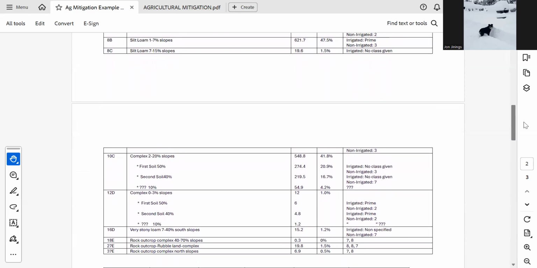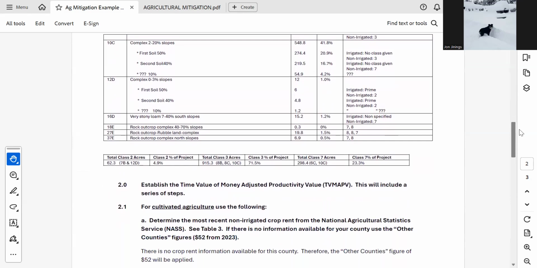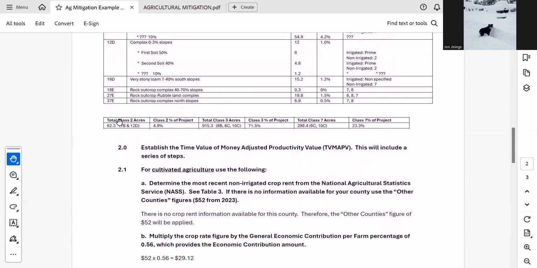We'll talk about the amounts and characters and agricultural capability, and then kind of added it all up down here. And you notice there are some class 2 soils which are otherwise off limits, but in this instance, they're less than 5% of the total project area. So they're okay. It's a de minimis amount.